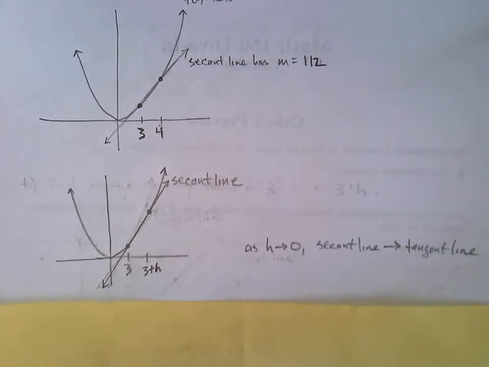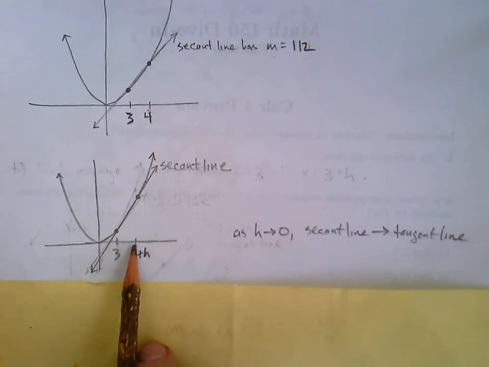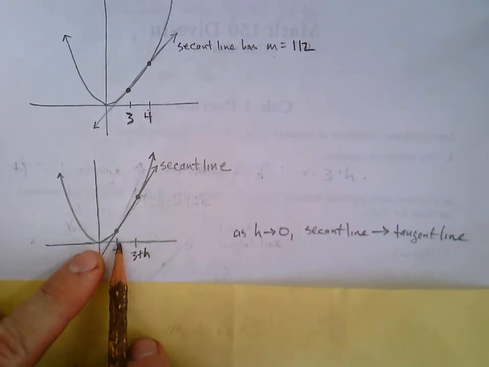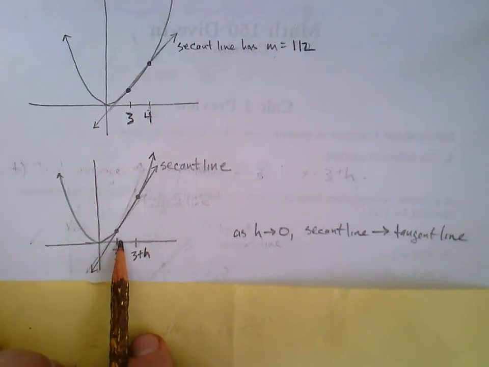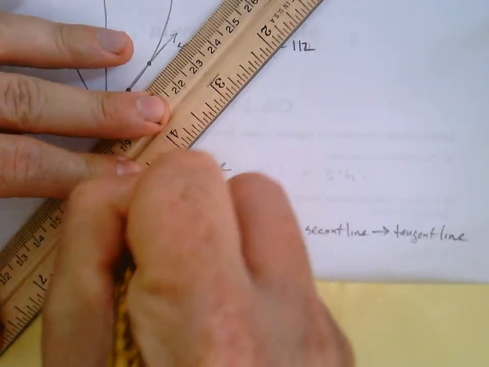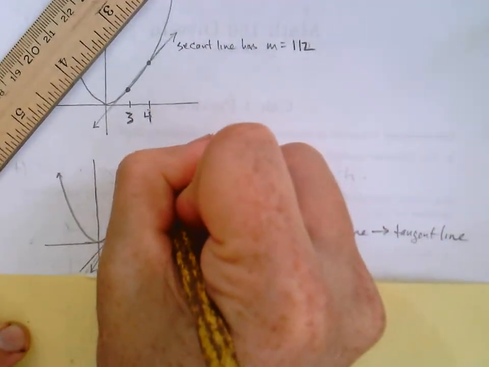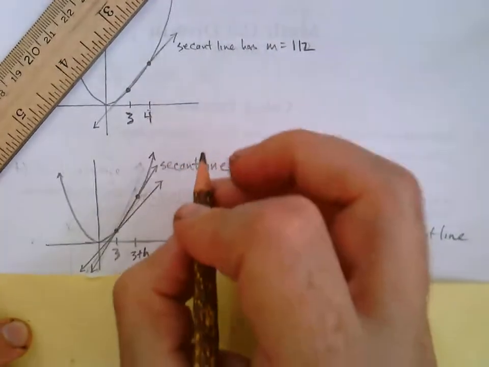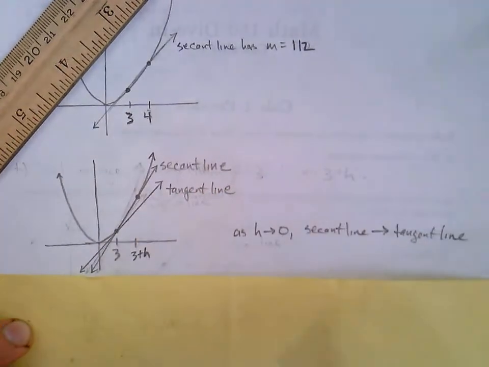And now here's what I want you to picture. I want you to picture the gap between these two shrinking. I want you to picture this shrinking back towards 3. We're going to attempt to get the tangent line. That's my drawing of a tangent line at 3.